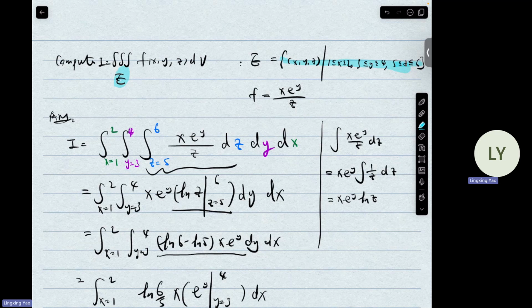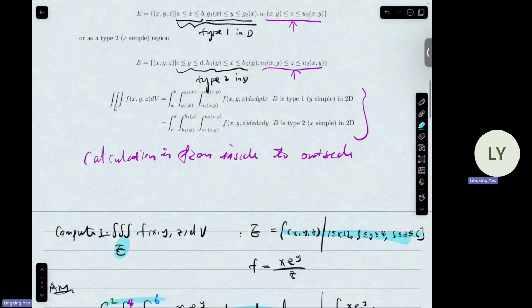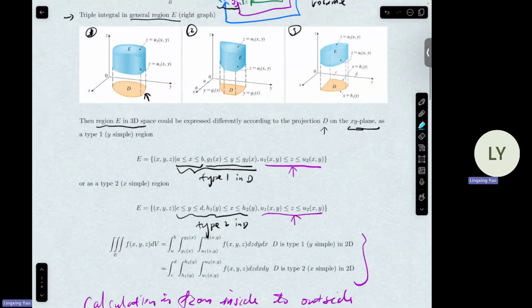We are able to set up the iterated integral in this nice and easy way because all these bounds are constants. This is not a typical setup for us to compute, and what we should be concerned about is those general regions.